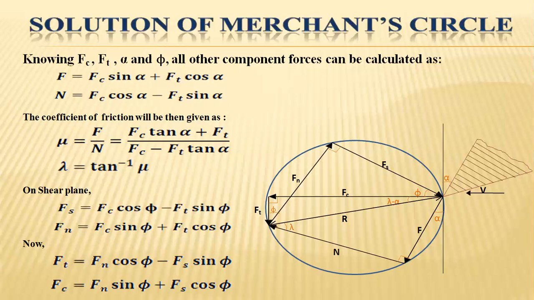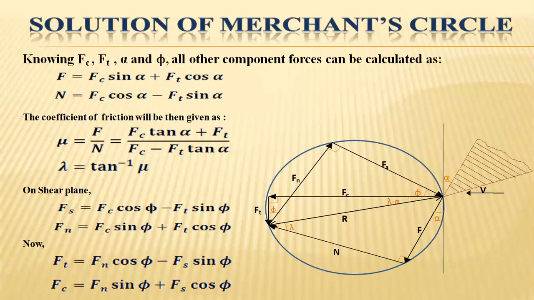Hence, the normal force F, or the cutting force F acting, how much force should be allowed over the tool to machine the particular process, is calculated with respect to the cutting force with the sine angle plus the thrust force with the cosine angle.